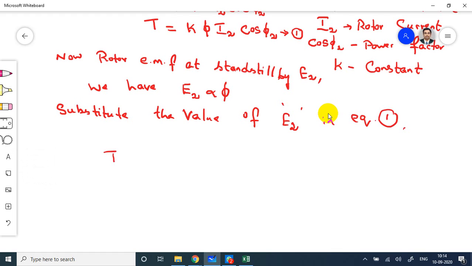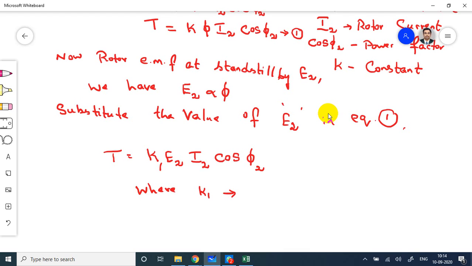So T equals K into, instead of phi we substitute E2: T equals K into E2 I2 cos phi 2. Since we are substituting E2 instead of phi, the constant also changes. That is K1.